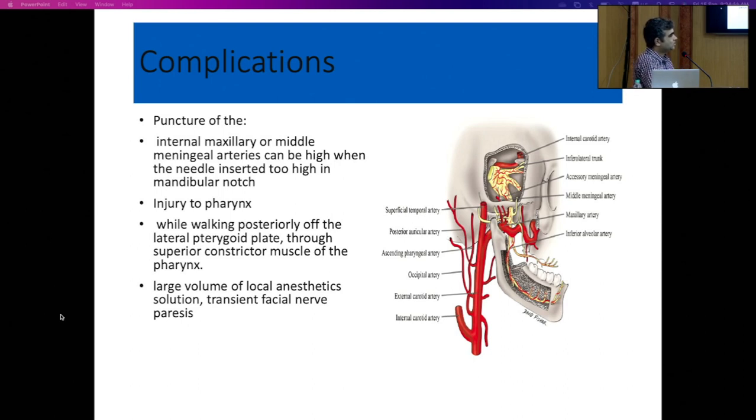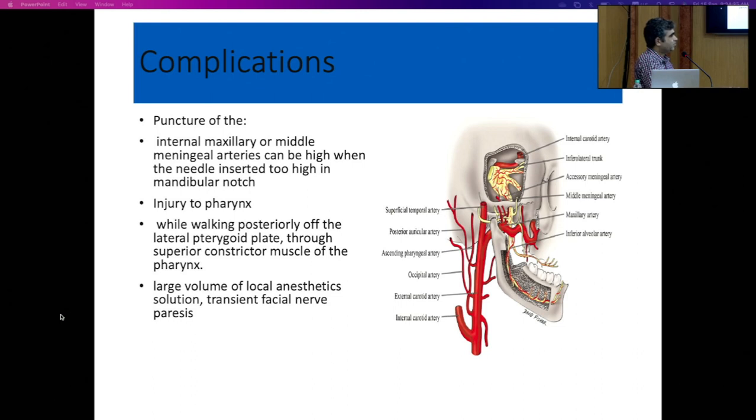The complications are again, because this is mandibular now, you may enter either the maxillary artery or the mandibular artery. There may be injury to the pharynx if you are going a little bit posteriorly. The internal maxillary and middle meningeal artery can be injured if you have inserted the needle too high in the mandibular notch.